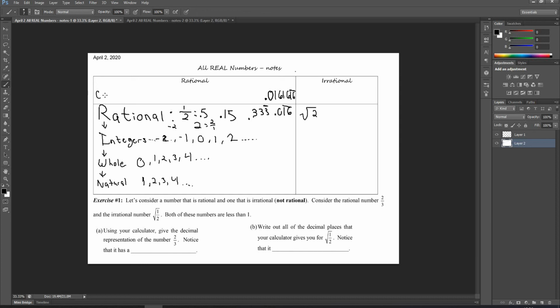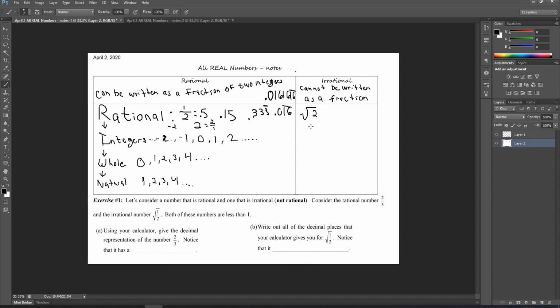A rational number can be written as a fraction of two integers, and this cannot be written as a fraction.